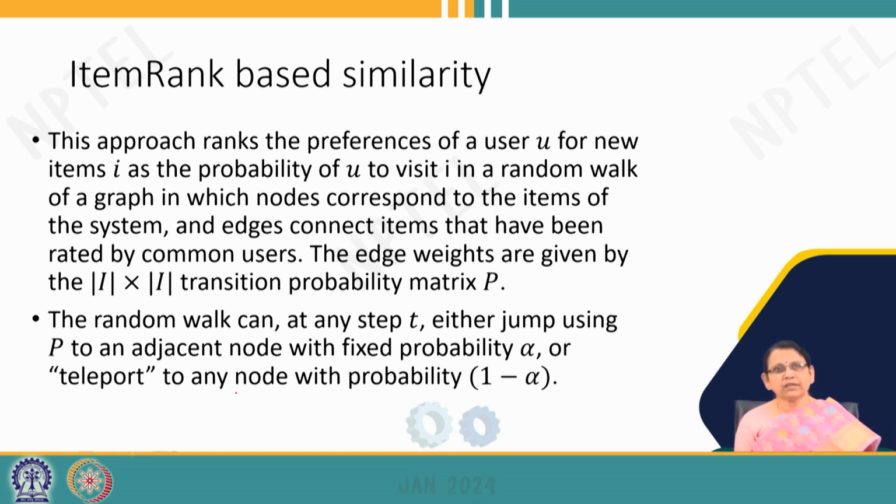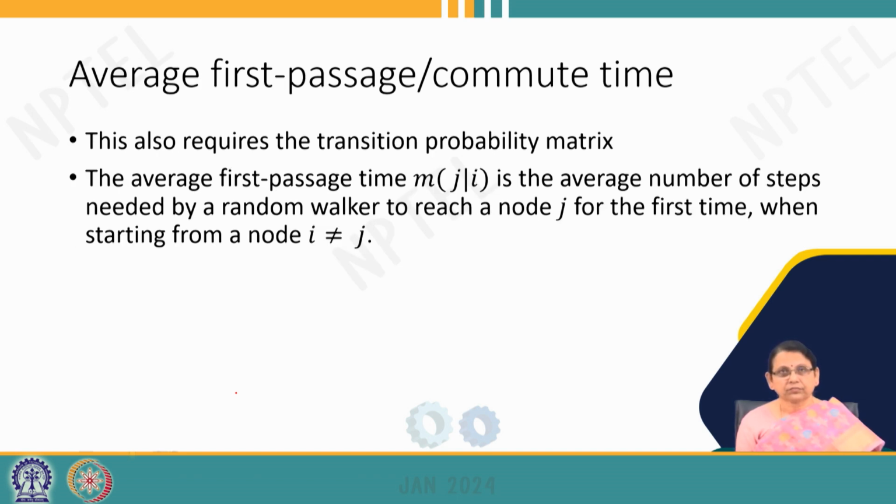Now, from this probability matrix with ItemRank, we can assume that if there is a direct connectivity, with probability alpha a user can move, which means the user can rate or go to the other item, and with probability 1 minus alpha, it can make a random move, which is not part of this transition probability matrix. We can also compute the transition probability matrix again, and the concept of Markov chain comes in.